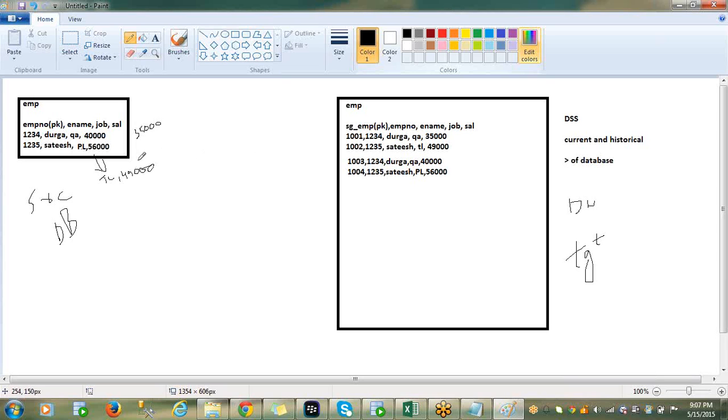So first, to get the data loaded into your warehouse, what happened is it pulled the data, that means extraction has happened. The data was extracted from this particular source system, from this particular database.